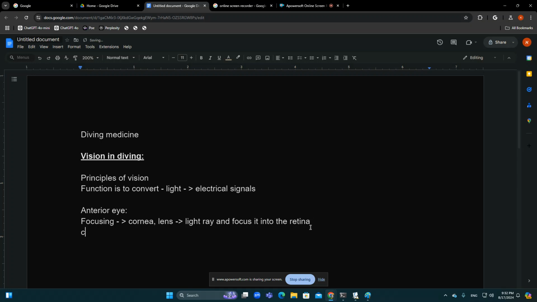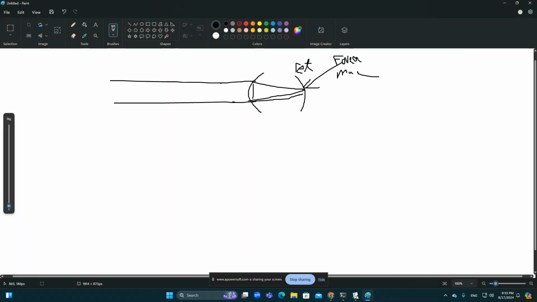Now we have the cornea, which has a power of 40 diopters of focusing, and we can't change it. And we have the lens that has a power of 25 diopters, and this one we can change. It helps us focus. So the cornea, which sits right over here, let's do it bigger.